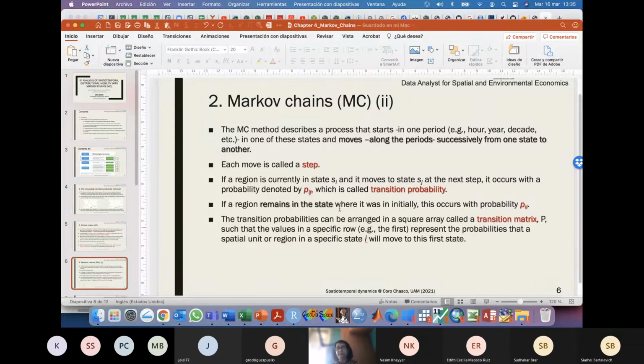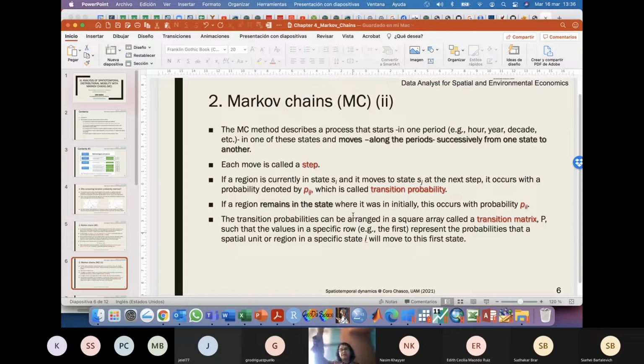The transition probabilities can be arranged in a square array called the transition matrix P, such that the values in a specific row, the first, for instance, represent the probabilities that a spatial unit or region in a specific state in the present will move to this first state. So for instance, the cell 1,1 is a region that is in state 1 and remains in state 1.